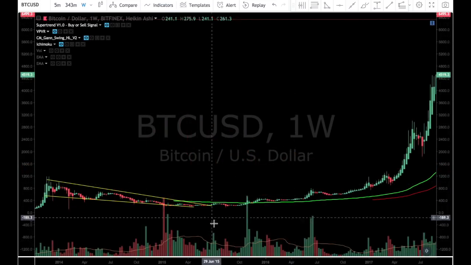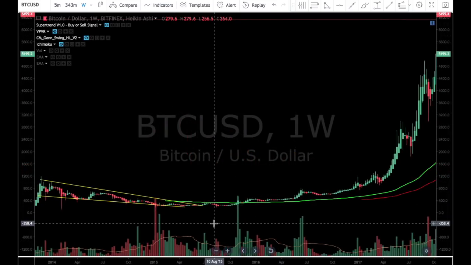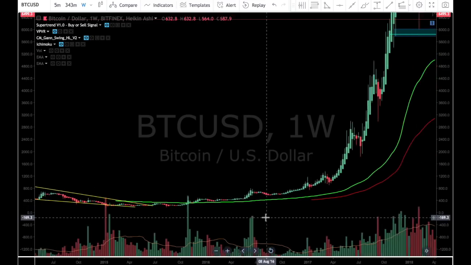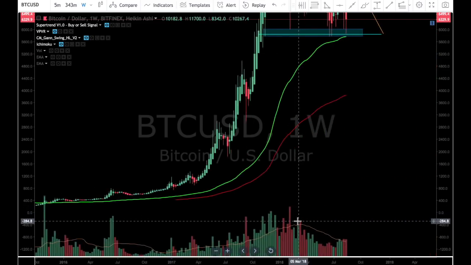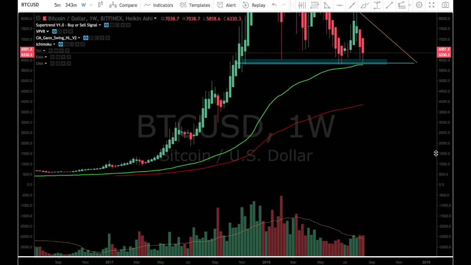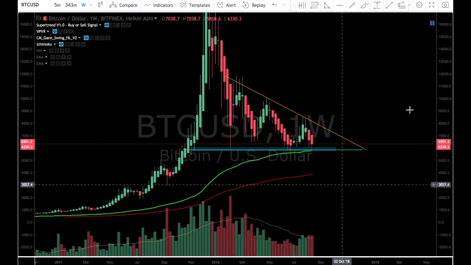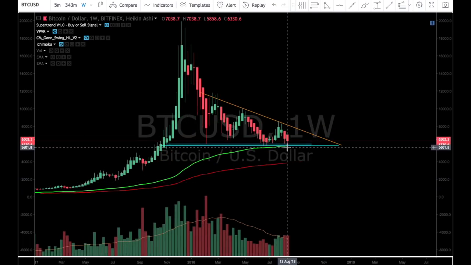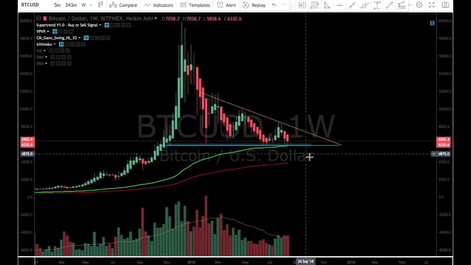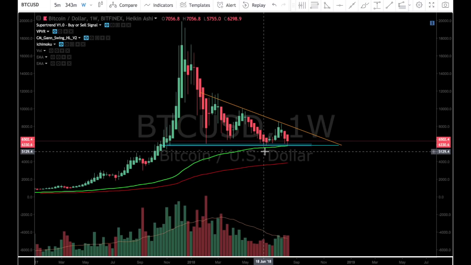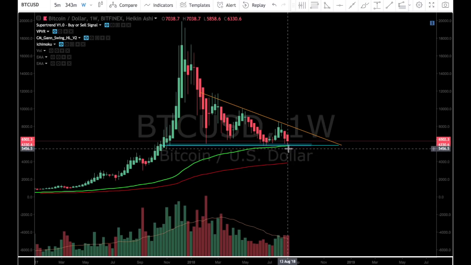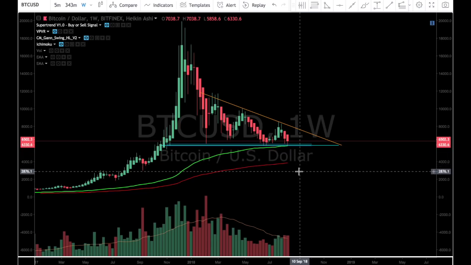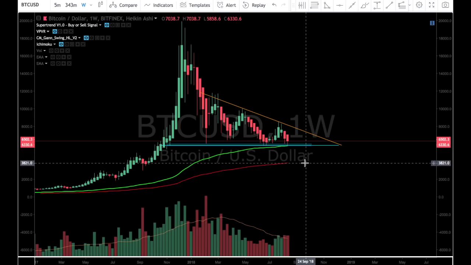The reason that's important is you can see that there's only been one time, and it was in the infancy of Bitcoin, that Bitcoin has been below the 100 period moving average. And in this case, the 100 weekly moving average. So that's going to be an important level, because if we break through that, and you'll see where this has become resistance in the past on the daily, if we break through that on the weekly, that's going to be bad news for Bitcoin, because now we're going to be searching for this 200 period moving average.